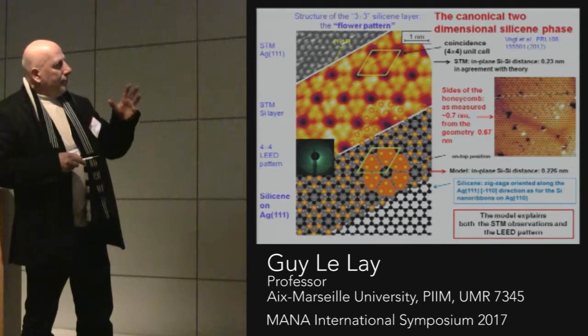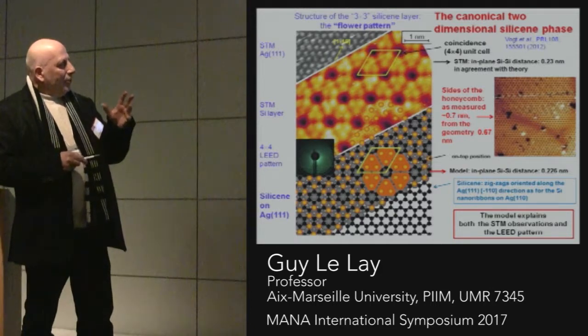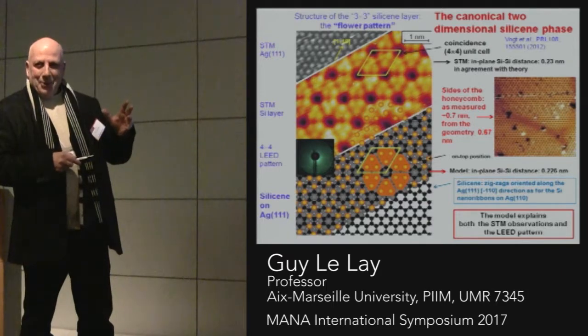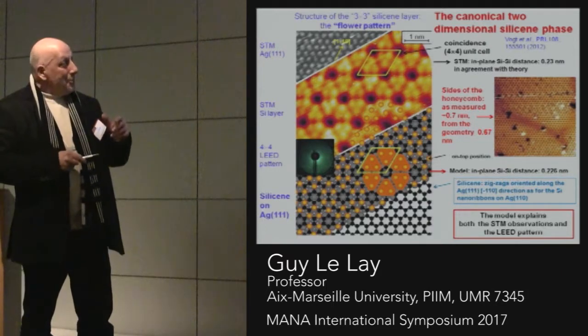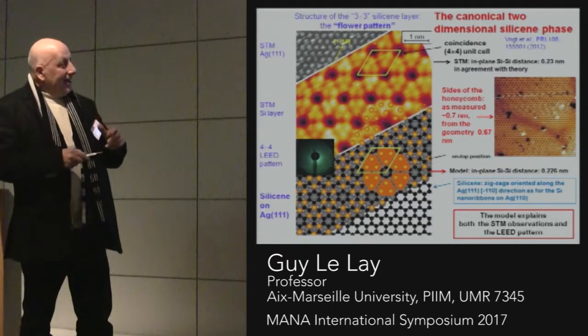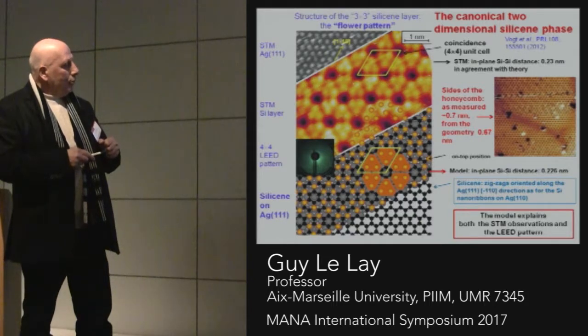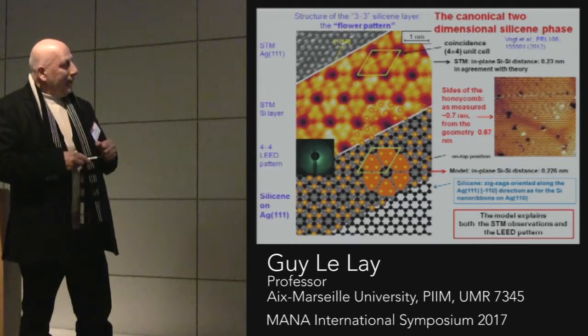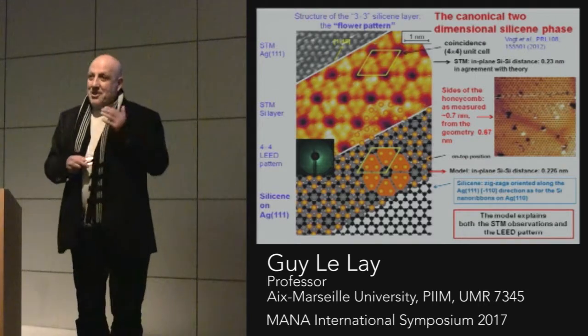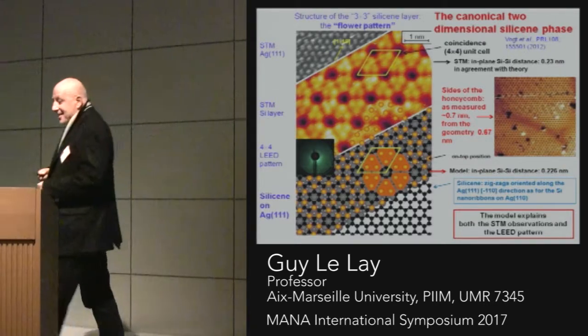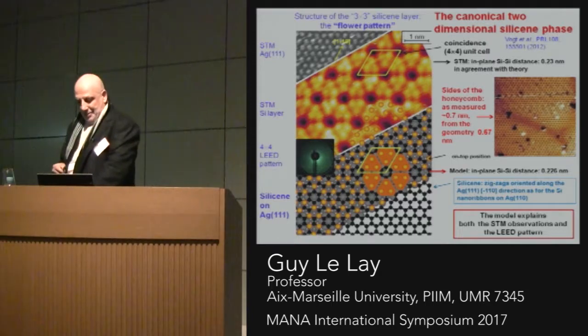Indeed, if you look a bit from far in STM imaging, you see a perfect honeycomb arrangement, which is a good sign. But this arrangement is too large. In this condition, the arrangement you have is a large one here, meaning that 3 protrusions are seen only as one here. But this fits perfectly with a guess of a silicene epitaxial layer.